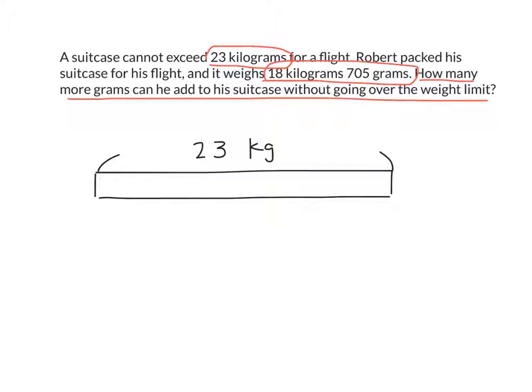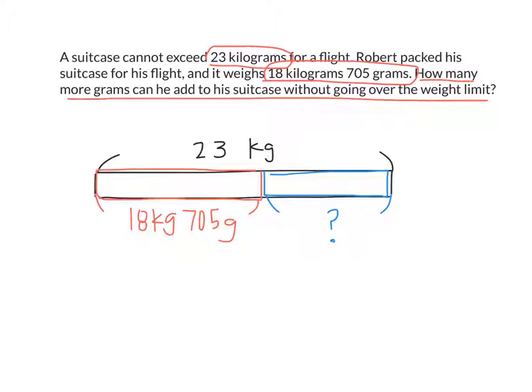It shows that Robert can fill up to 23 kilograms altogether, but he didn't actually take up that much space yet. He only took up part of the space, and the part that he did take up was 18 kilograms, 705 grams. And so all this extra space over here is what he could still pack without exceeding the limit.